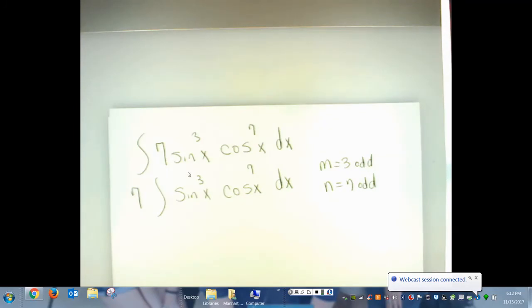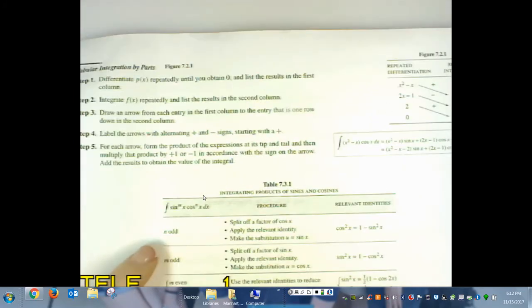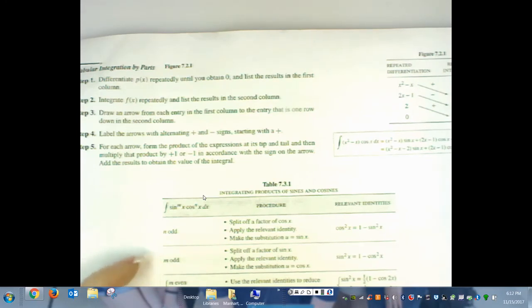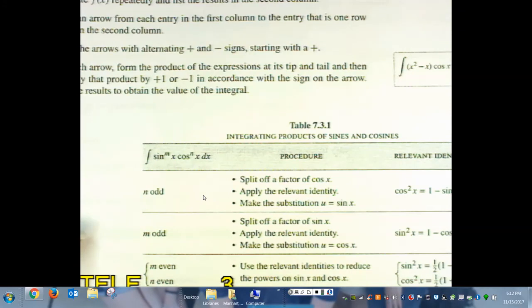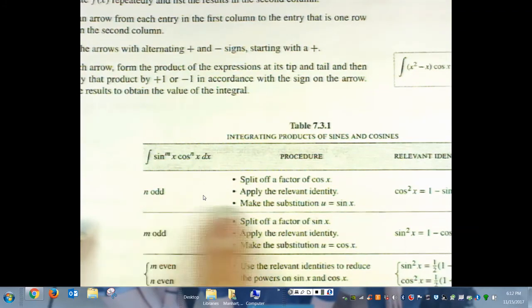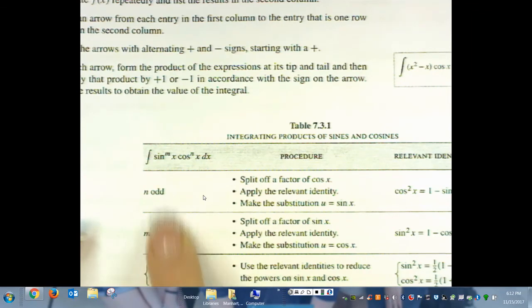The table covers the situation where they're both even, the situation where N is odd, and the situation where M is odd. So you could choose to let N follow these bullets, or you could let M follow these bullets. Both are odd. You get to make your choice.